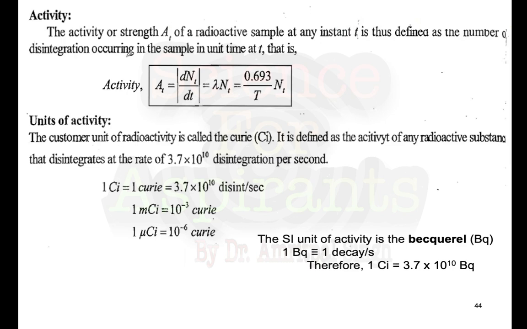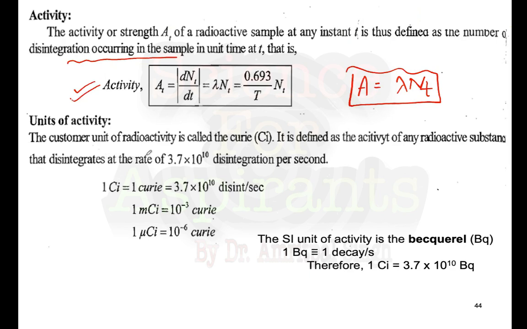The activity or strength of a radioactive sample is defined as the number of disintegrations occurring in the sample, and the formula is A equals lambda times N of t. So we can find the decay rate or activity from the decay constant as well.